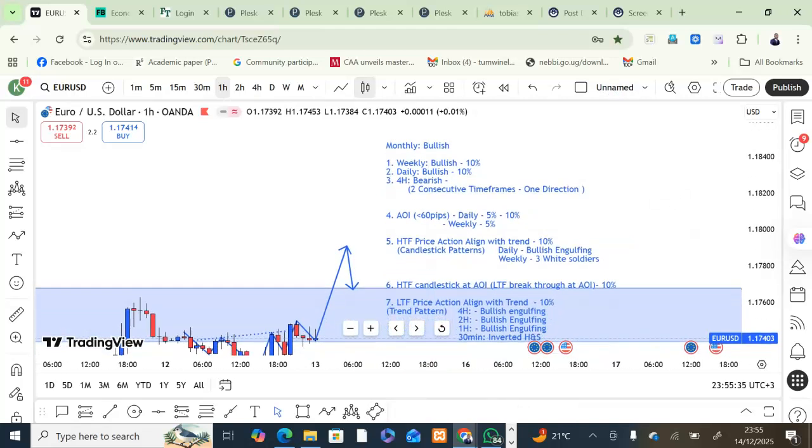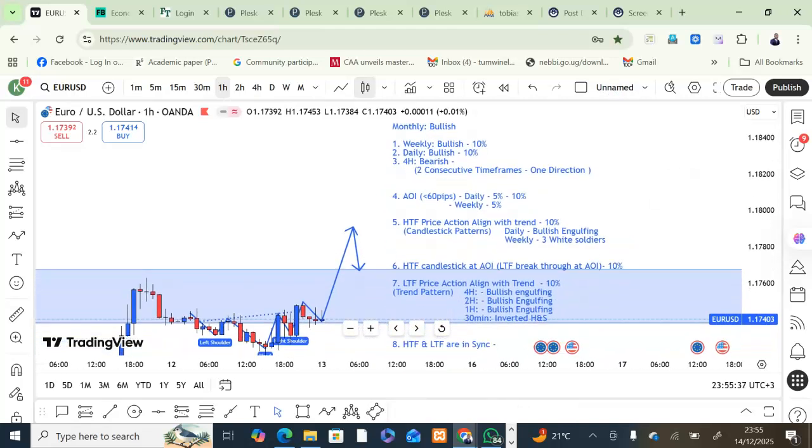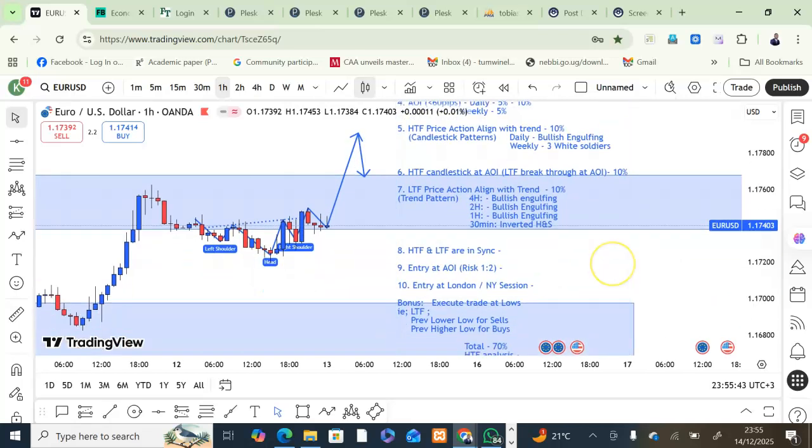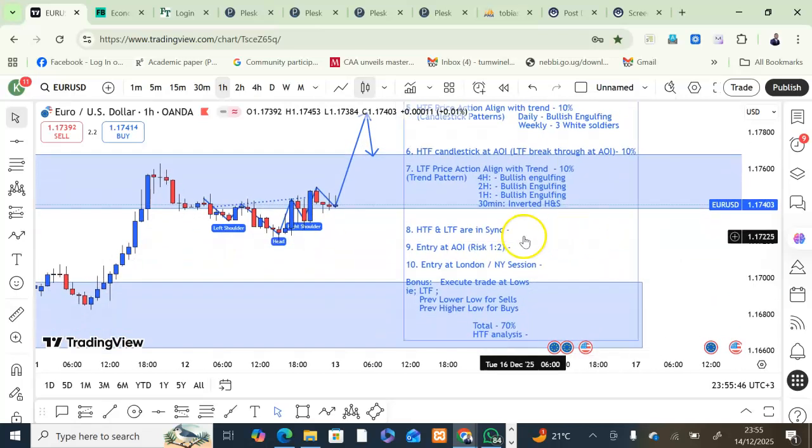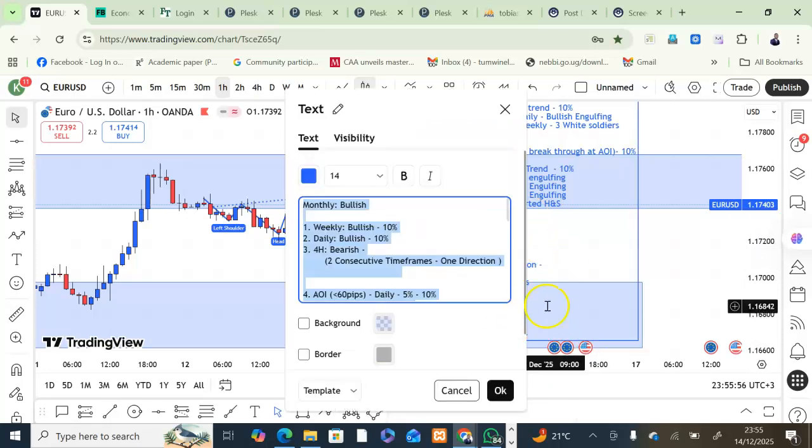So when you count in your trade percentage level, you say 10, 10, 10, 10, 20, 30, 40, 50, 60, then this is 70. If this one counts 70, 80, 90. So if it is 90%, then take that trade. If these ones are not there, then your count will be 60.